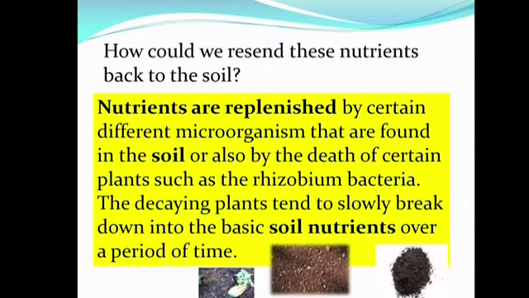They slowly break these nutrients back into the soil. The decaying plants will slowly break down into the basic soil nutrients over a period of time. So this is how we can send the nutrients back to the soil.